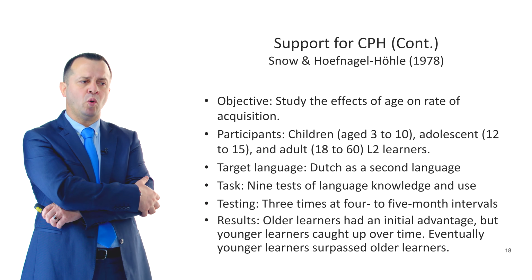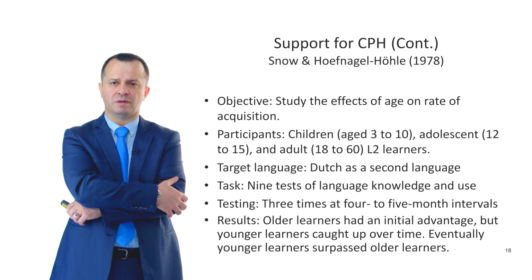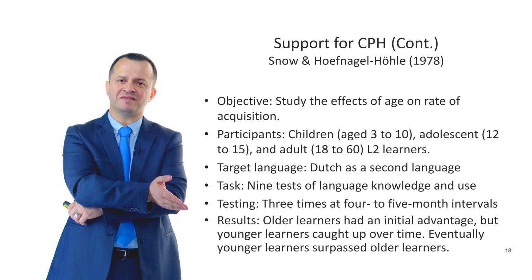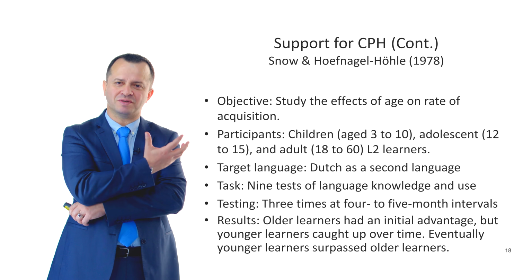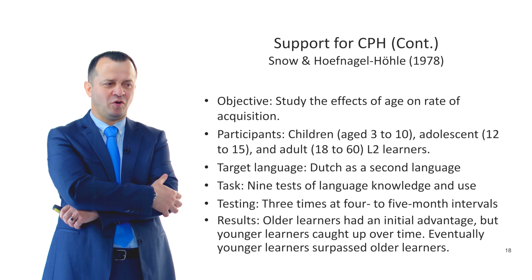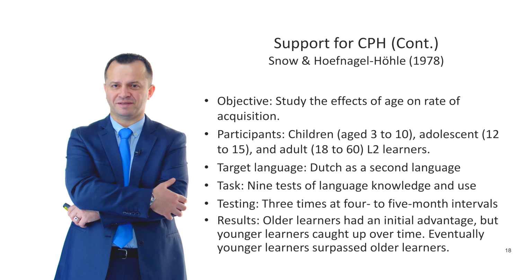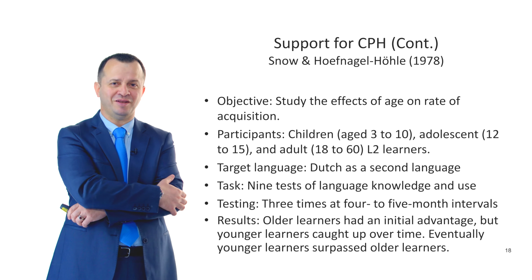The result: all the learners had an initial advantage. Why? Because they had already learned their mother tongue, so they have knowledge of what language is about. But younger learners caught up over time. Eventually, young learners surpassed older learners. That's the end of the story.